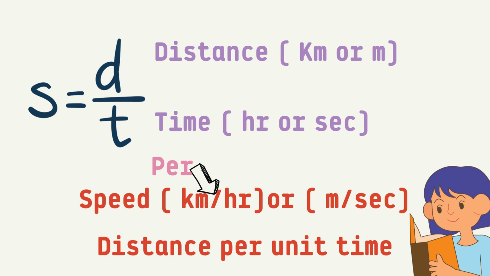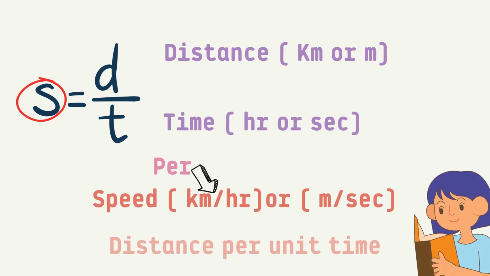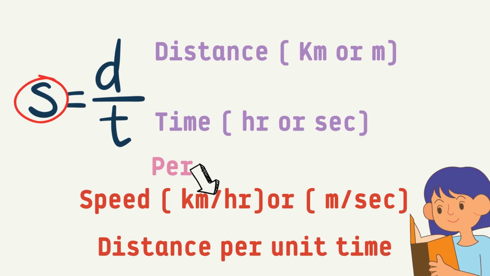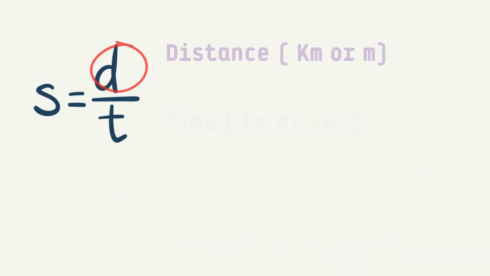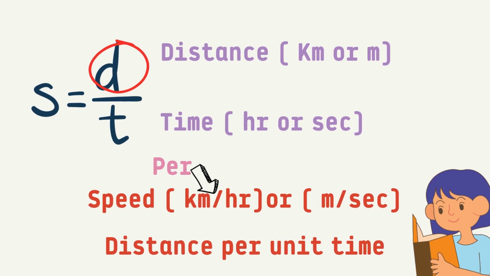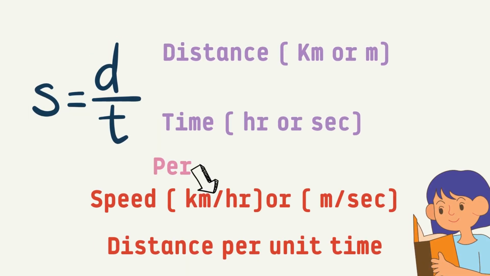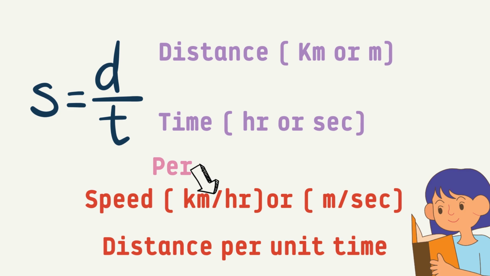The slash is called per, as the speed is a distance per unit time. So here we can refer to the speed by using the letter S, for the distance we can use small d, and we can refer to the time by the letter T.